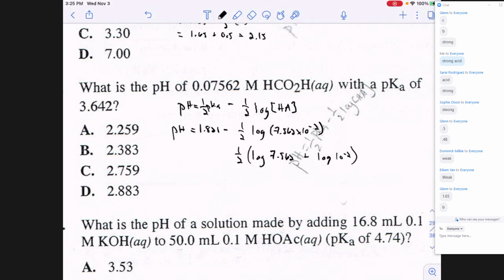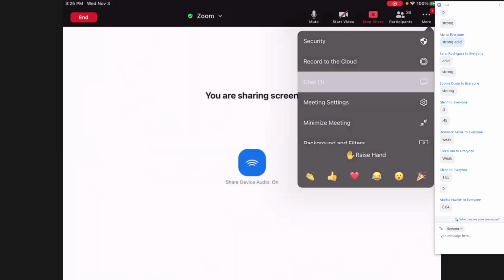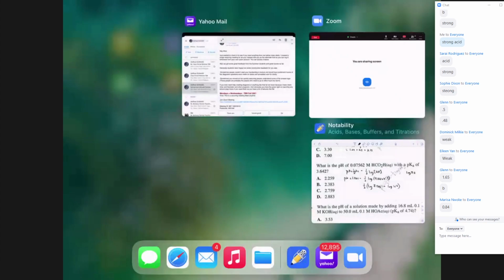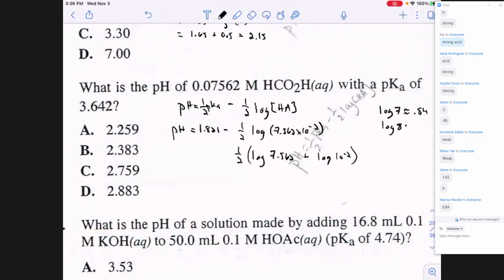So this is where we use our approximations, right? We know log of 7 is what? 0.84. Thank you. So that's 0.84, and we know log of 8. Isn't that just log of 2 plus log of 2 plus log of 2?